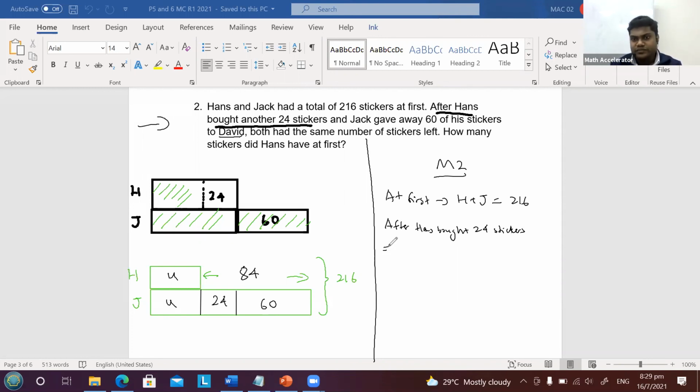Can someone tell me? So at first their total is 216, right? So after Han bought 24 stickers, what's the new total? It's 216 plus 24, right? This will give you 240.